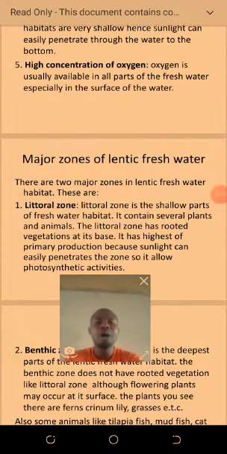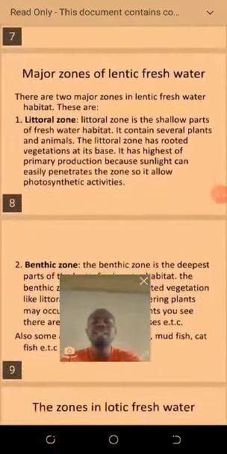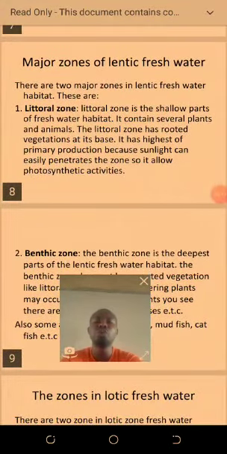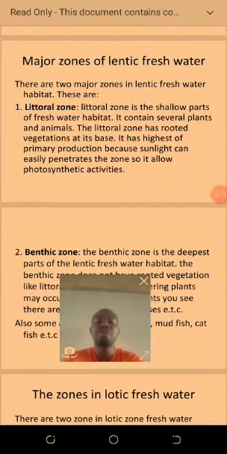So without wasting our time, let's move to the major zones of lentic freshwater, according to the types of the water.